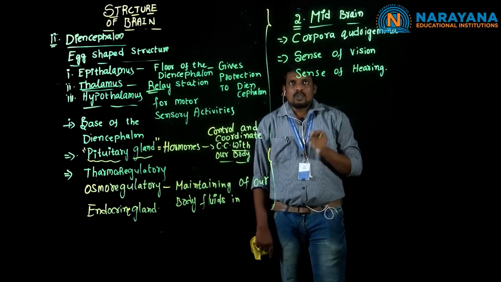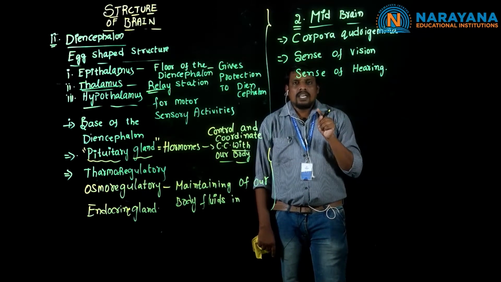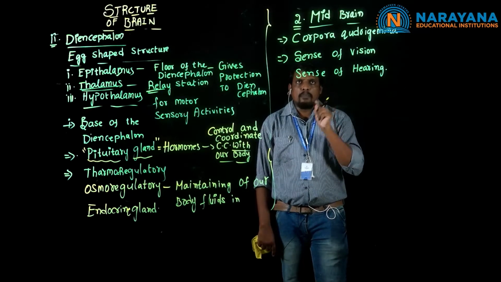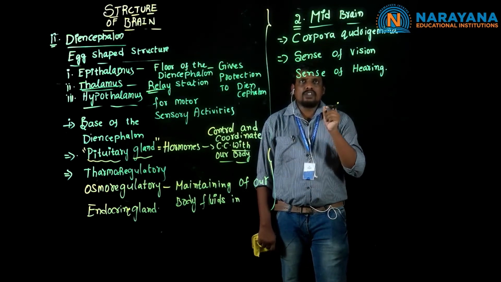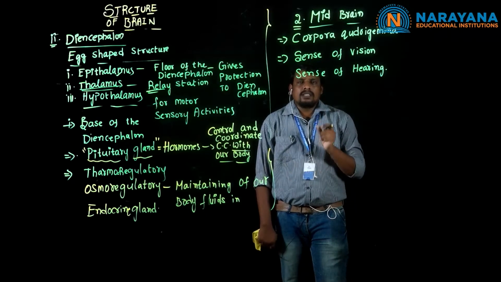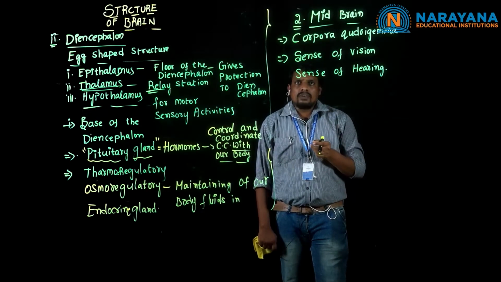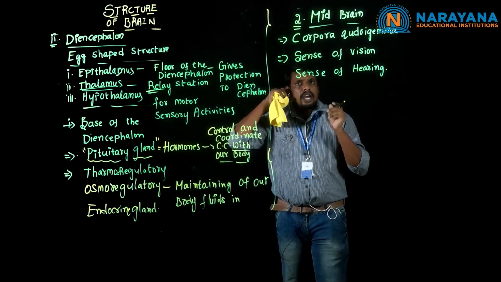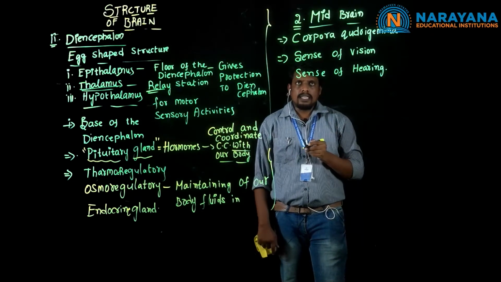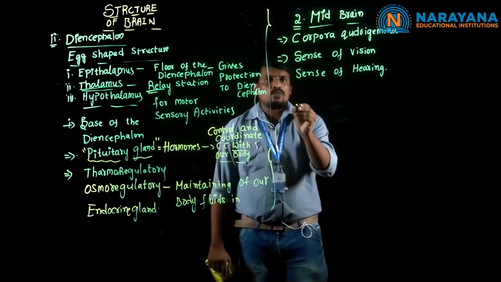Clear? So the second division of the brain is the midbrain, which contains corpora quadrigemina, responsible for sense of vision and sense of hearing. Clear? Shall we go for the next one?